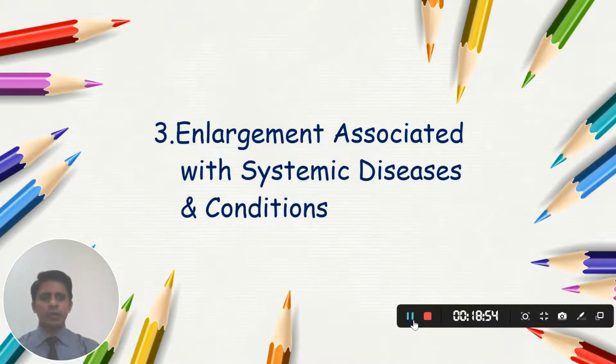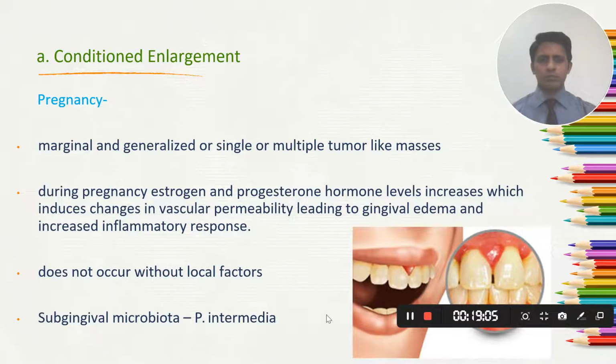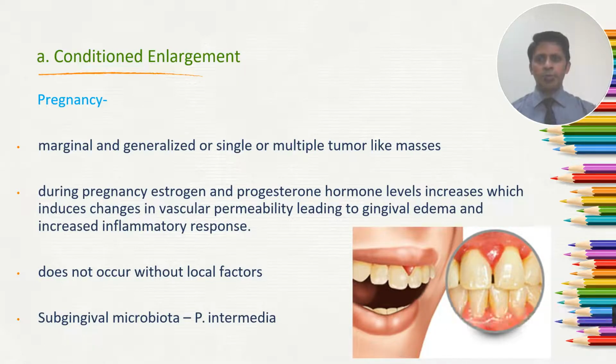Now coming to the third type of gingival enlargement, that is enlargement associated with systemic diseases and conditions. Conditioned enlargement: the first is pregnancy. It is a hormonal condition in which marginal and generalized enlargement, or single or multiple tumor-like masses, may be seen.